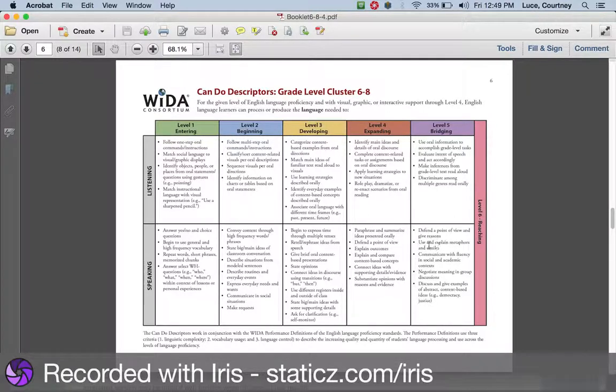Like in the example we saw from language arts, they were writing figurative language within their piece, using it and explaining their choices. They also negotiate meaning in group discussions. If you follow this, it will help you figure out what language function they are at for each of those levels.